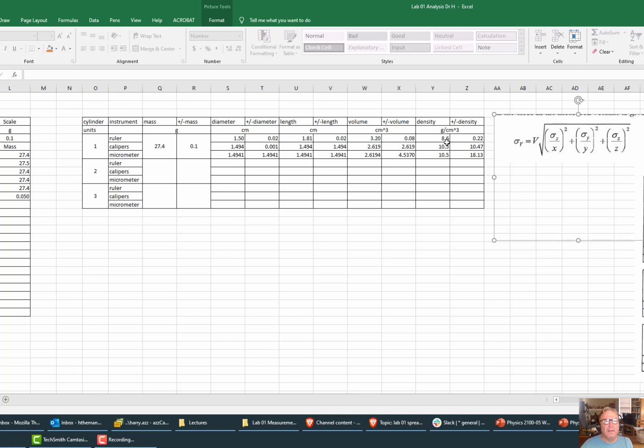What had happened is, you can see here, if you look across, diameter, length, and plus minus length, they're all the same number. I think I did fix that one up. I fixed this, but I used the fill handle improperly there. So now let's fix it up.